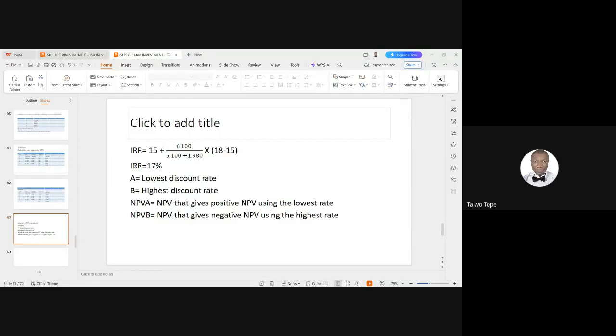Treat this one first: 61 all over 61 plus 1980. When you treat that one, you get the result. You now multiply by 3, because 18 minus 5 is 3, before you now add. So you follow the rule of BODMAS. You get 17%.